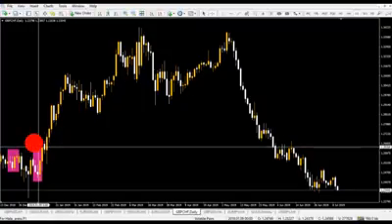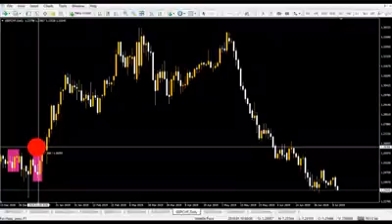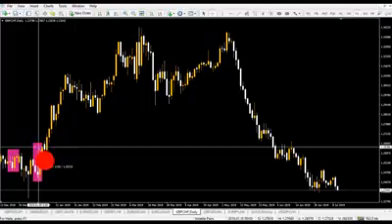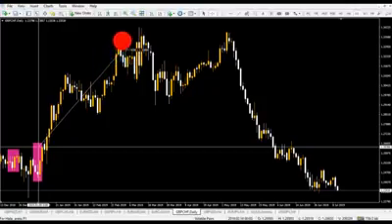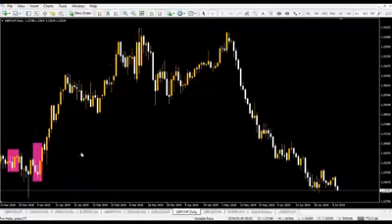Jumped in here, okay, and 113 pip drawdown. But then we see where the market turns in our favor, and we could have potentially gone for a total of 784 pips.